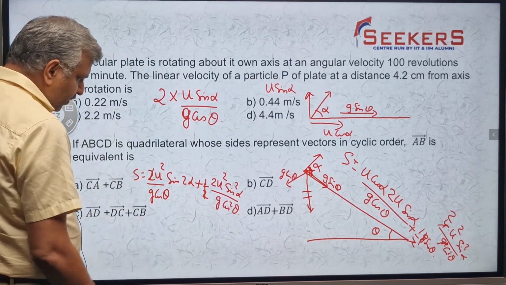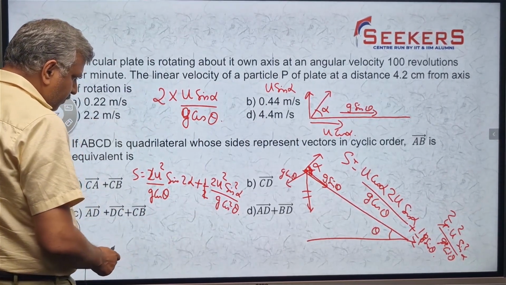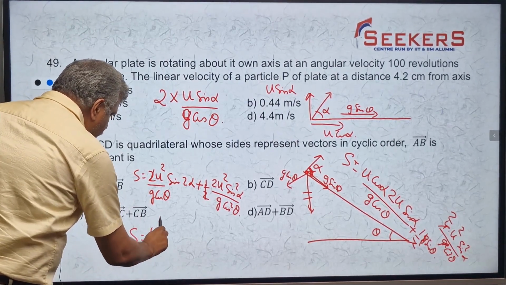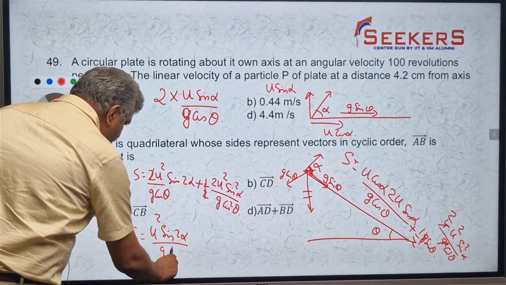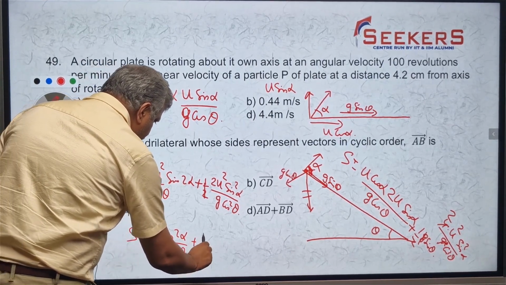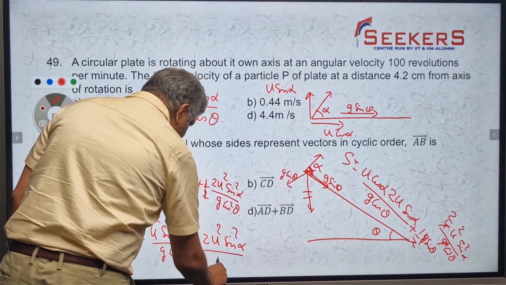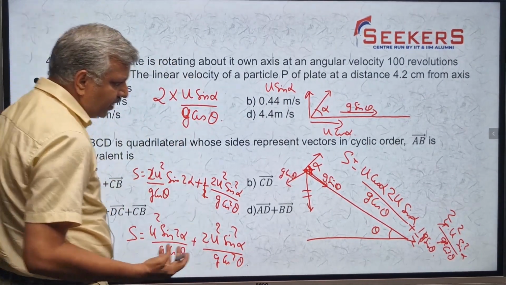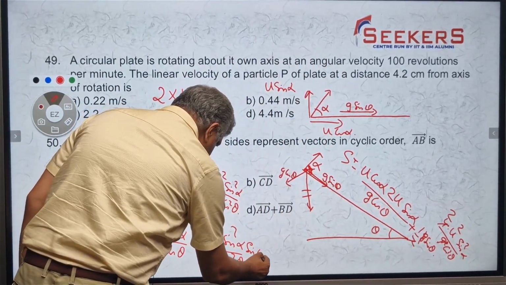Okay, so now I can do some regrouping here, or I can just remember this: S is equal to u squared sine 2 alpha divided by g cos theta, plus 2 times u squared sine squared alpha divided by g times cos squared theta. There is one term missing, the sine theta is missing in the numerator, so there will be a sine theta here.